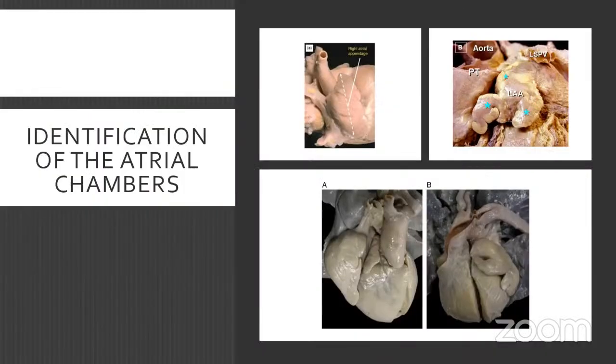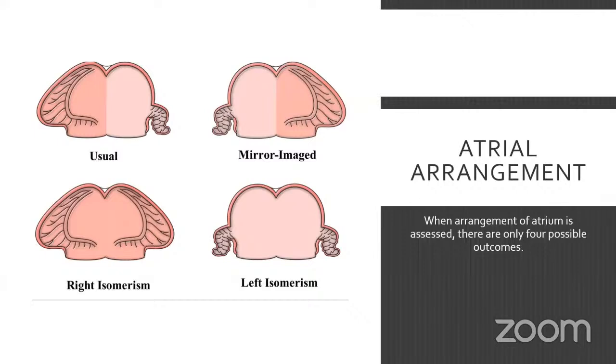Now, after identifying the atrium, we can classify it or try to make sense of its arrangement. Since we have two morphological atria, that can create four possibilities, or four outcomes.